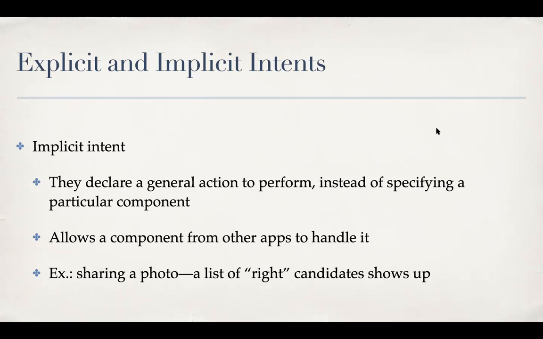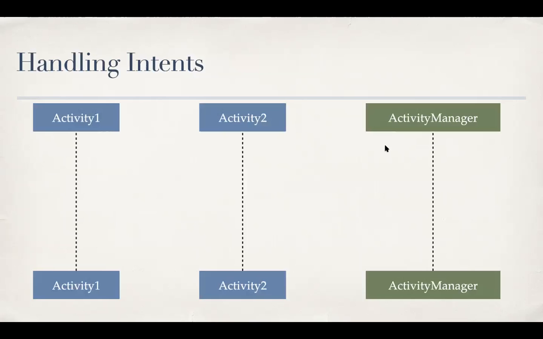Let's quickly look at how the mechanism of handling intents works before proceeding further. Okay. So yeah, here, this is a UML sequence diagram for two activities, and then the activity manager is inside the OS as we know.